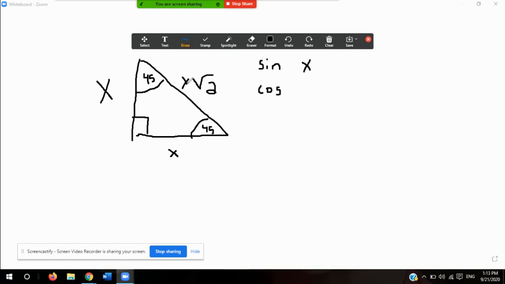Excuse me, guys. X over, or times, the square root of 2. So the good thing is that we're going to do this once, and then that's pretty much it. We don't really need to do anything else. So we say x over x times the square root of 2.